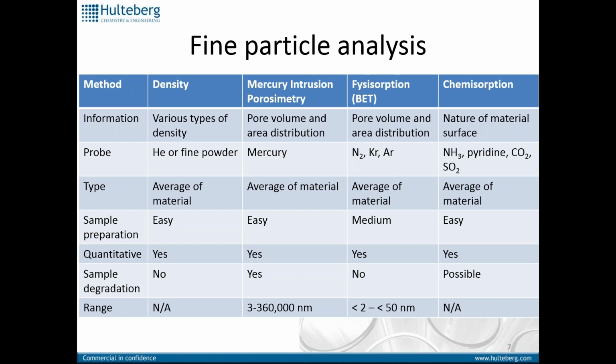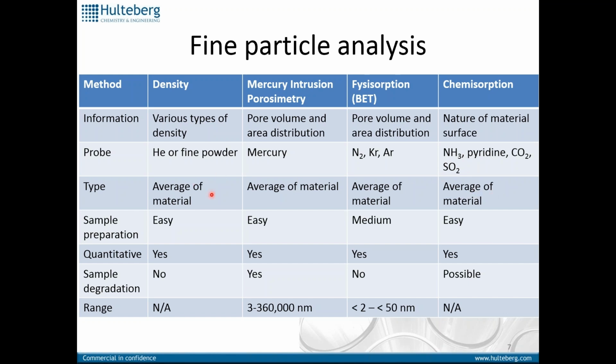We have chemisorption. You use different probes to get different information. For density, you can use helium or fine powder. You can use mercury, you can use nitrogen, krypton, or argon to get the physisorption done. And for chemisorption, you can basically use a broad range of materials.